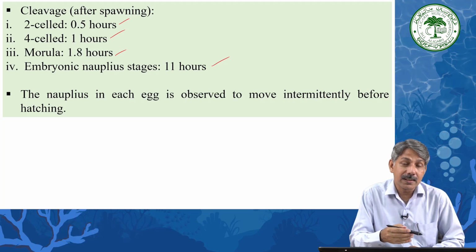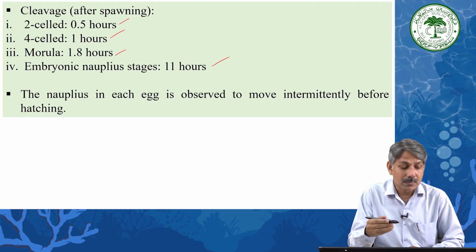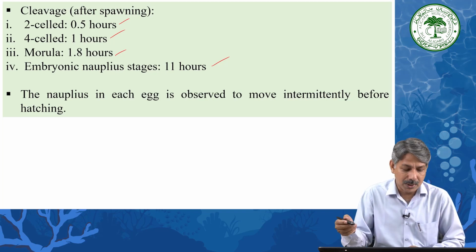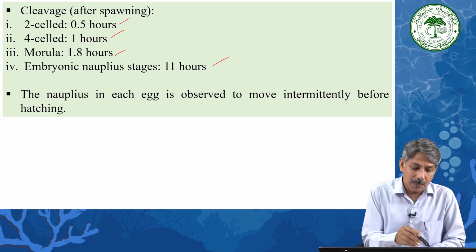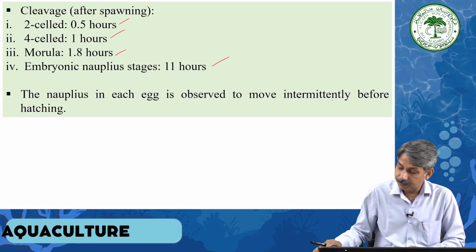So when we raise the temperature, the developmental stages show a faster pace. That may vary from one condition to another, but this is what researchers have observed on average. The nauplius in each egg is observed to move intermittently before hatching.